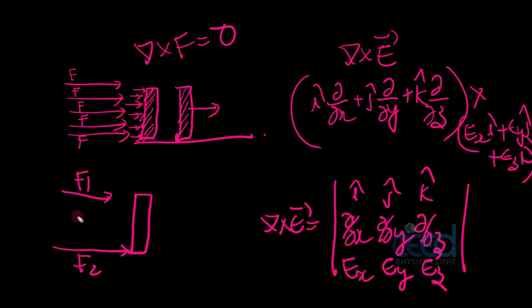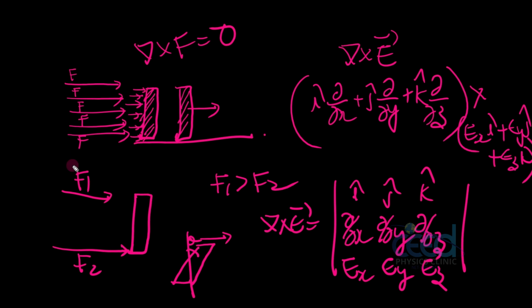Suppose F1 is greater than F2. What happens? This end will move more, going forward, and this part will go very slowly. So it has a tendency to rotate if the forces applied at the edges are different.